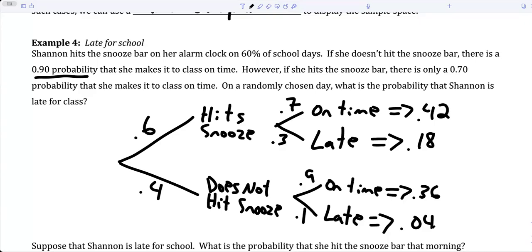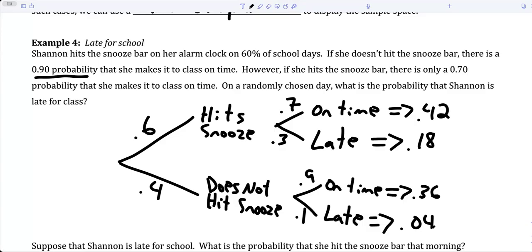Okay. My next question. Are these events mutually exclusive? These events are mutually exclusive. Because is it possible to be late and hit the snooze and late and not hit the snooze? No, those two things are mutually exclusive.